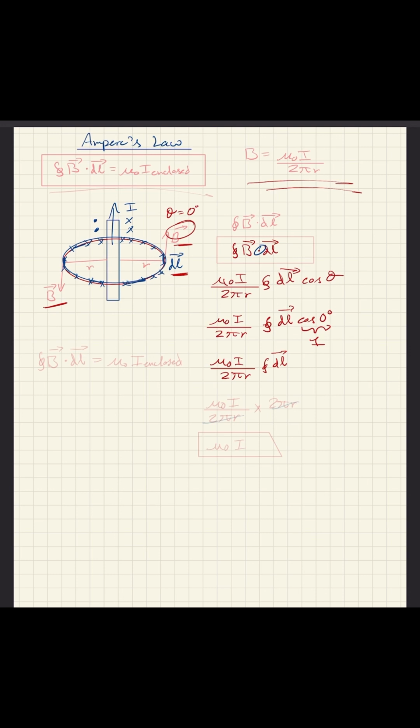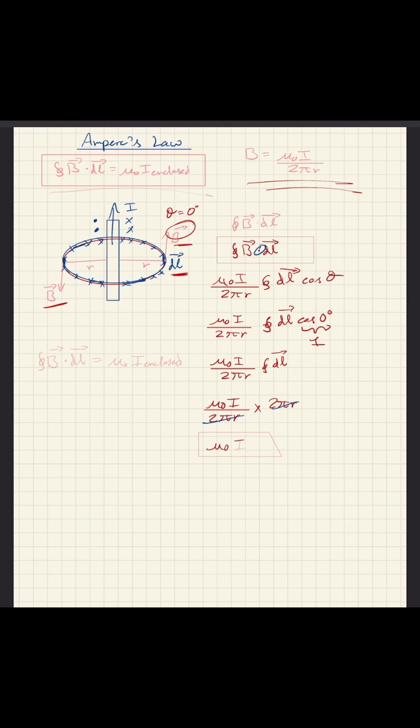So with dl becoming 2 pi r, we can just take it out of our line integral as it's constant. So we have mu naught I over 2 pi r times 2 pi r. Now, when you just look at that, we can easily cancel out 2 pi r from the top and bottom. When that's canceled out, what are we left with?